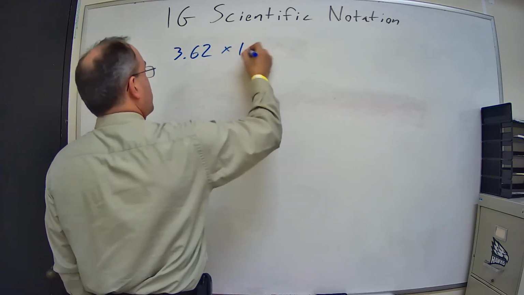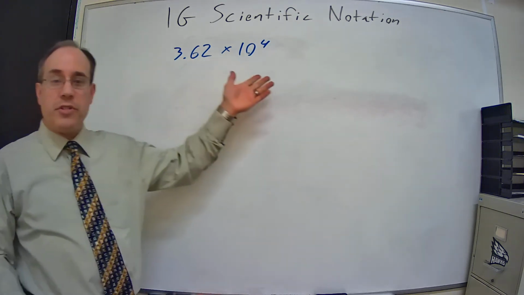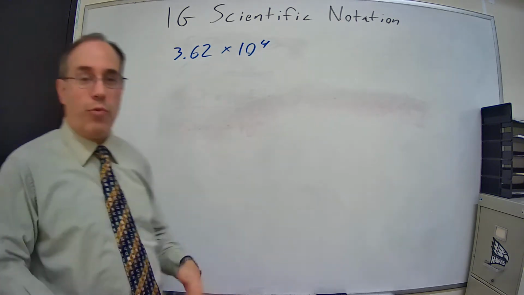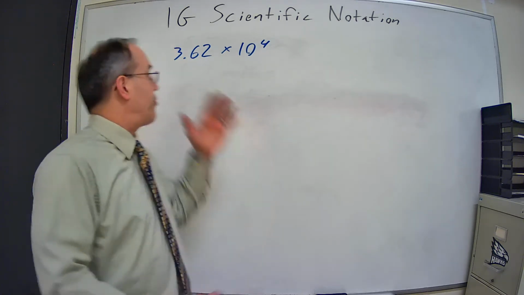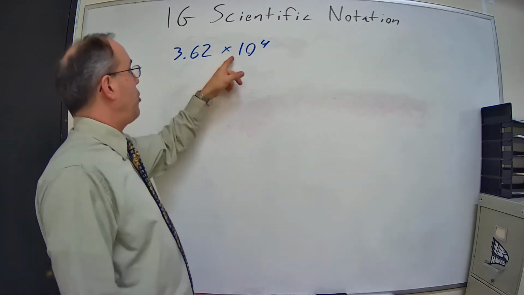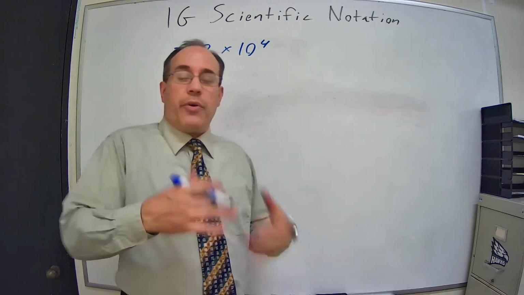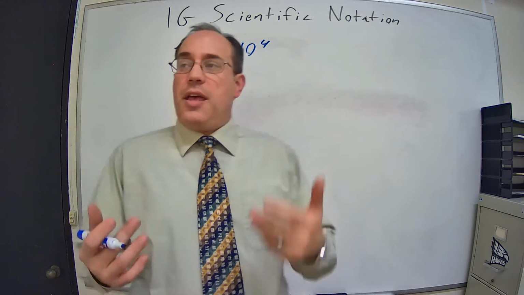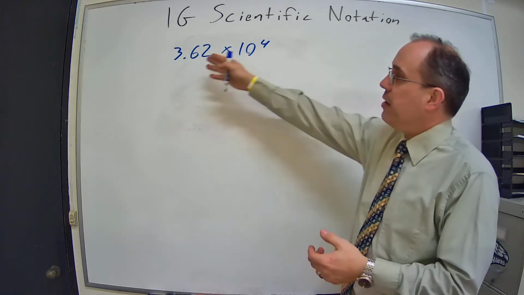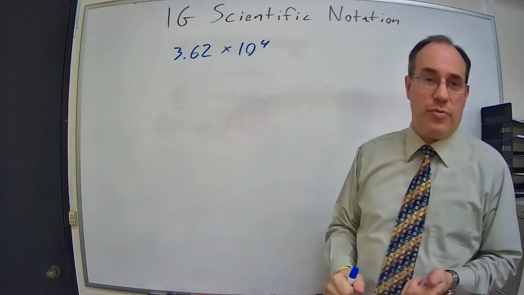3.62 times 10 to the 4. This is a number in scientific notation, and we know that because 3.62 is between 1 and 10, and it's multiplied by 10 to some power. Now, what I showed with the previous one is that this power, in this case the 4, tells us how far this decimal point was moved.